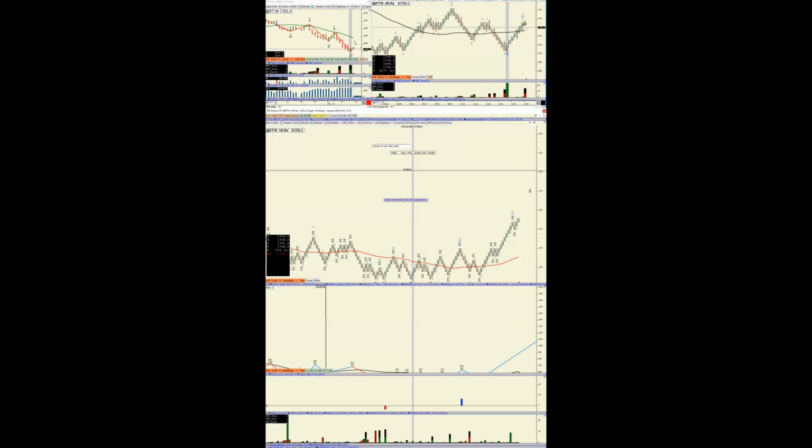So time, market, lot size, daily stop. I think that's it. Market, lot size, time of day. Time of day, what market you're going to trade, lot size, daily stop.